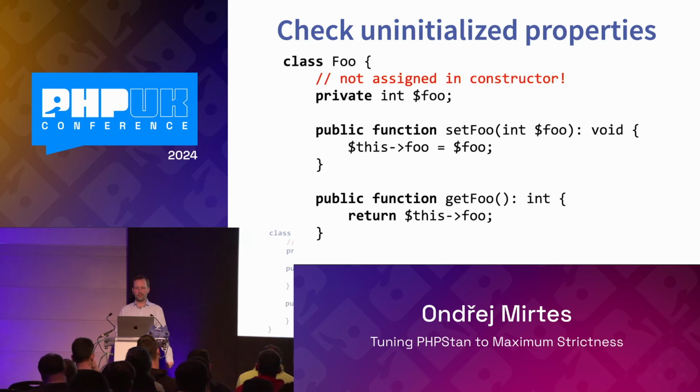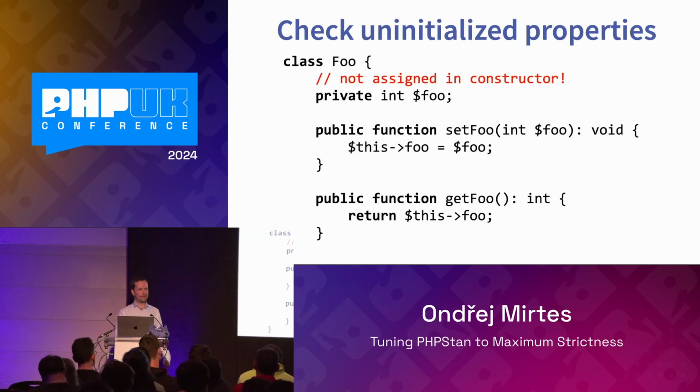It's going to throw some kind of error that you are accessing an uninitialized property. And this rule is going to force you to assign this property in the constructor so that you can safely call the getter once you have created the object. You don't have to worry that someone needs to call the setter before you can safely call the getter.